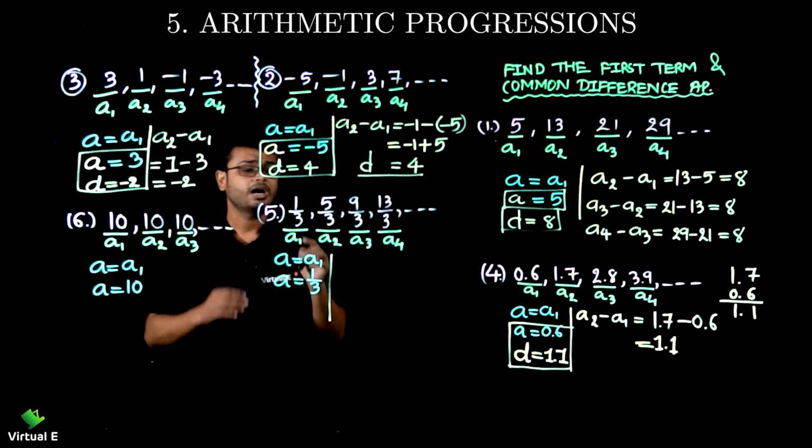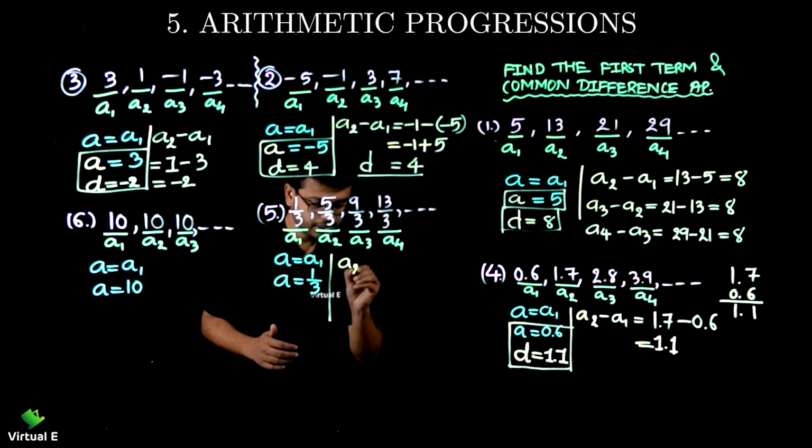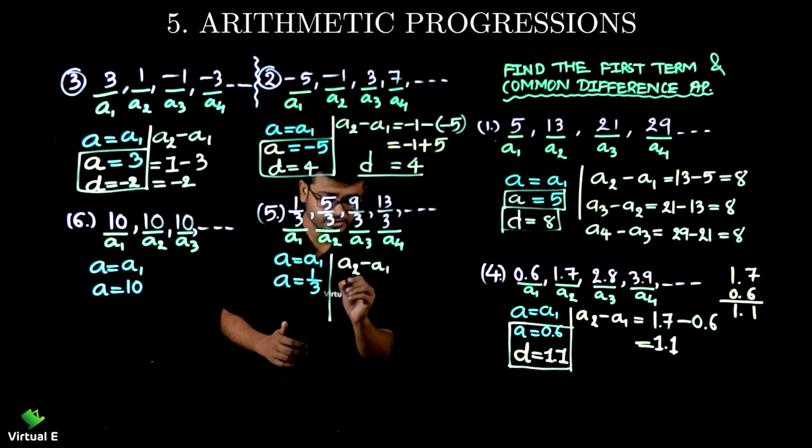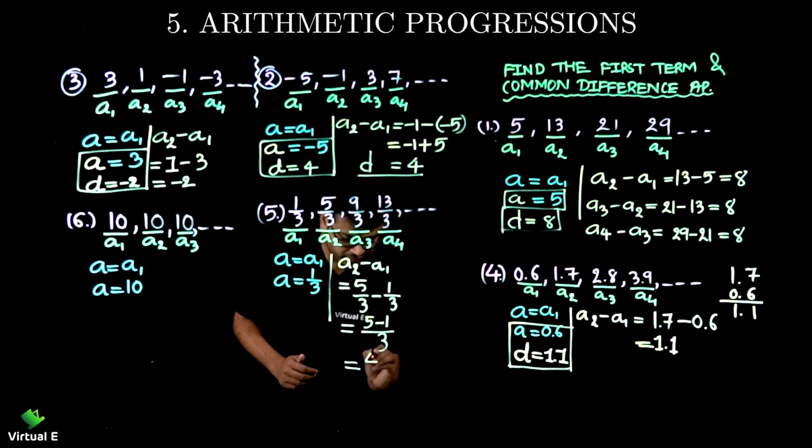Here I am also going to repeat the same thing, a2 minus a1. So what is the value of a2? 5 over 3 minus a1, which is 1 over 3. You can see the denominators are the same, so keep it as it is. Then 5 minus 1, that is 4 by 3.